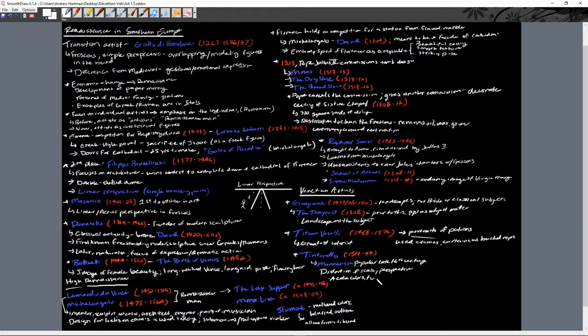And the twisted positioning of the subjects. Tintoretto didn't use the color schemes in his paintings, but he did use all the rest of the stuff. He would present dramatic angles of his subjects.